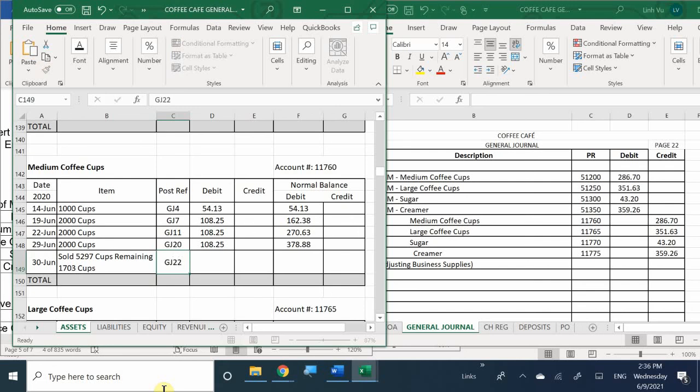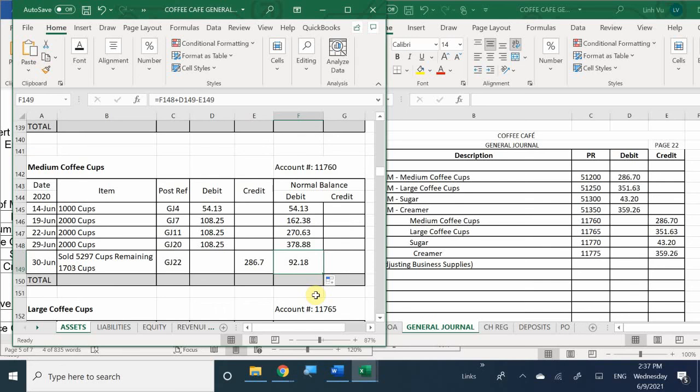General journal number 22. And this time I'm going to credit my account for $286.70. So how much is my ending balance supposed to be? Like 218.92.18. And that is my 1,703 cups remaining.